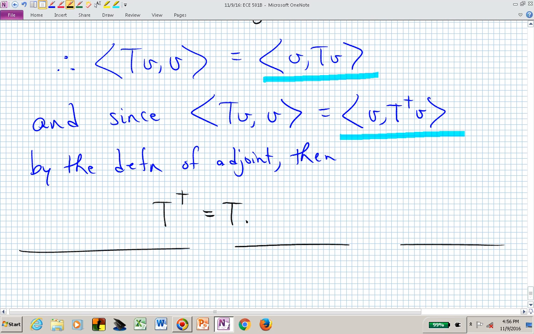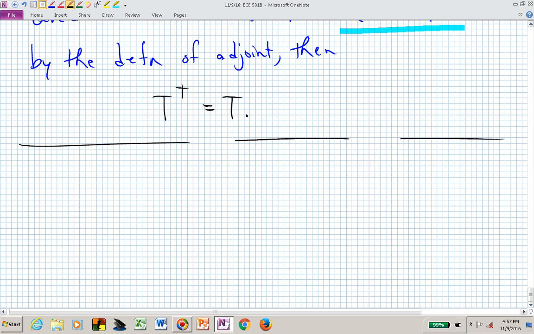Let's actually look at, or just state, some examples of positive operators.